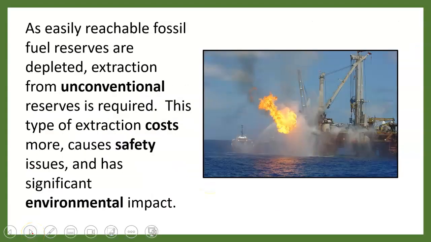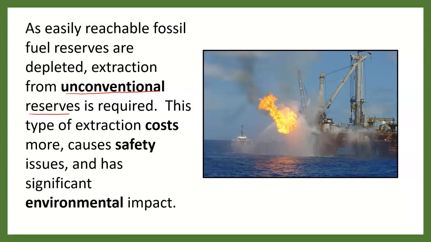So as the fossil fuel that is easy to get becomes depleted, extraction from unconventional reserves is required. A lot of the fossil fuel is pretty easy to get. We drill down into the rock, we reach an oil reserve down there, and we can pump it out of the ground.